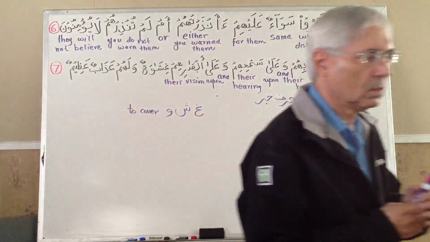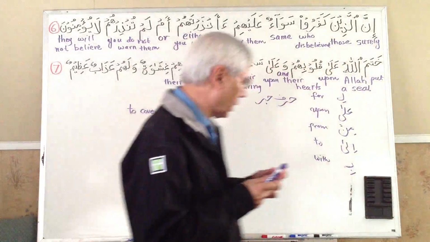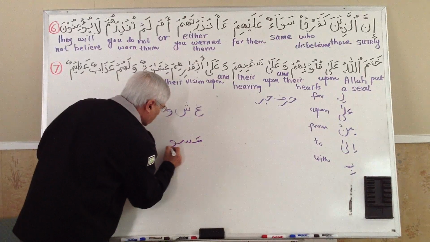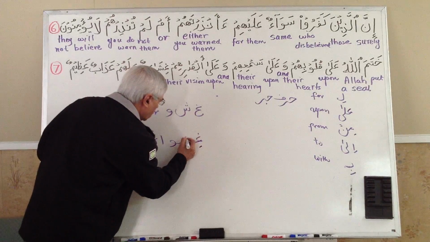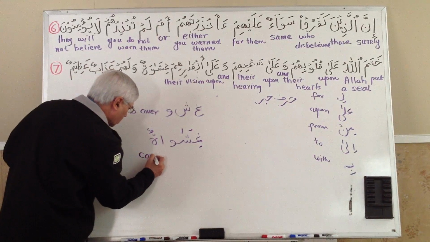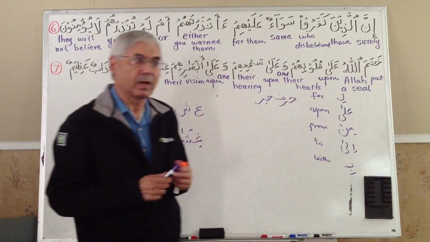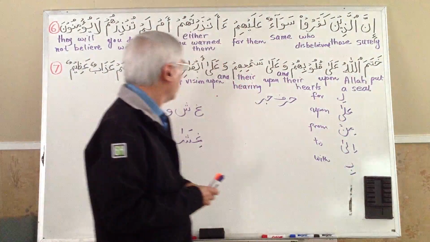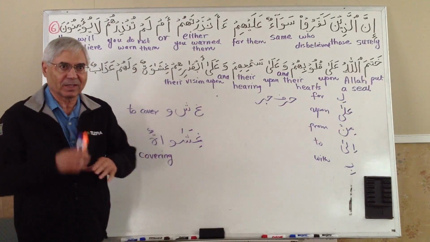Ghain, sheen, wow is to cover. And the noun word from this is ghishavatun. Ghishavatun means covering. So what is covering? On their eyes, something is covering their eyes.